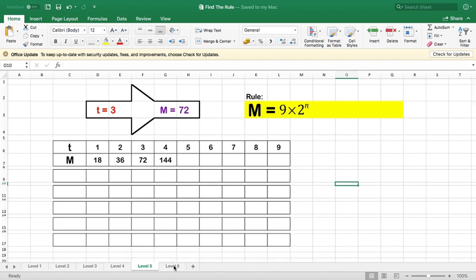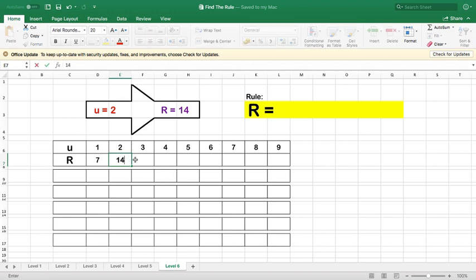Okay, level 6, similar kind of thing. Let's see what happens. So when u is 1, r equals 7. When u is 2, r is 14. When u is 3, r is 28. So they're doubling every time again.